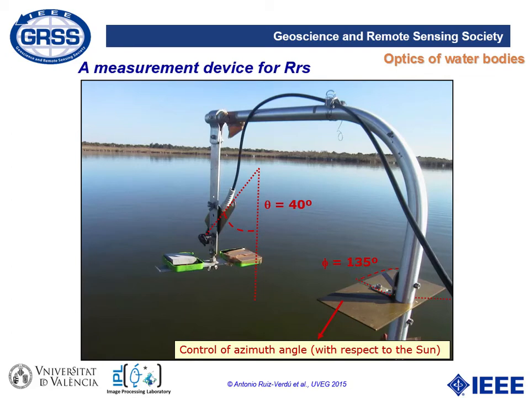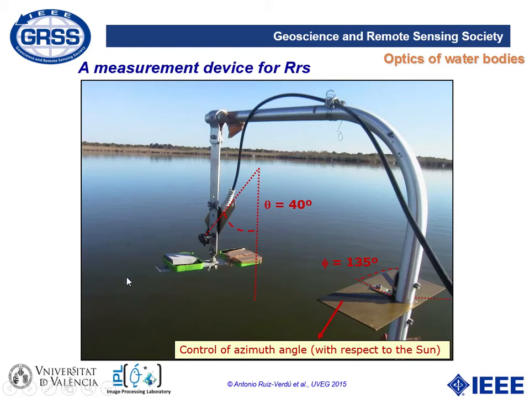And this is very important because, as you see in this picture, if you look at the water in the bottom part, you can see that the water has a typically turbid color, but as you go away and look with a more slanted angle, you start to see a higher contribution of reflected light.